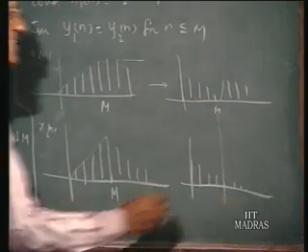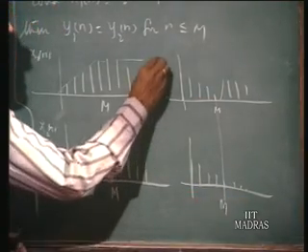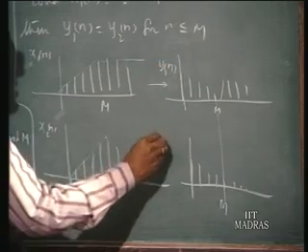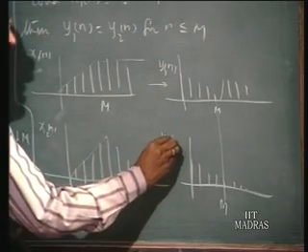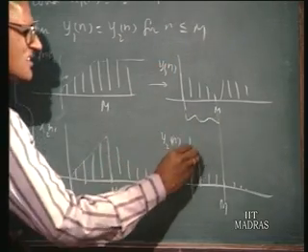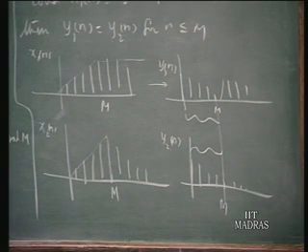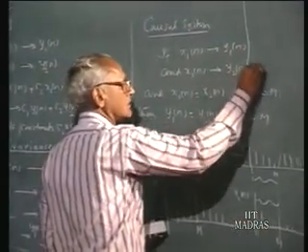So up to this it is the same. This is y1 of n, this is y2 of n. So these two up to that point are identical. They must be identical. This is the meaning of a causal system. For a linear causal system, we have a special result.